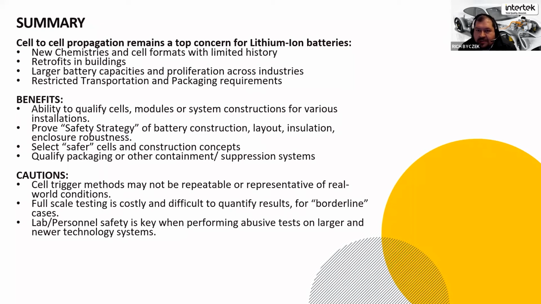Often you're not going to get much value out of that unless you've already done those subsystem level tests and have come to the conclusion that for whatever reason you need to have a certain system design, and you need to rely on suppression or overall installation layout and other engineering constraints to contain a thermal runaway event or propagation event.